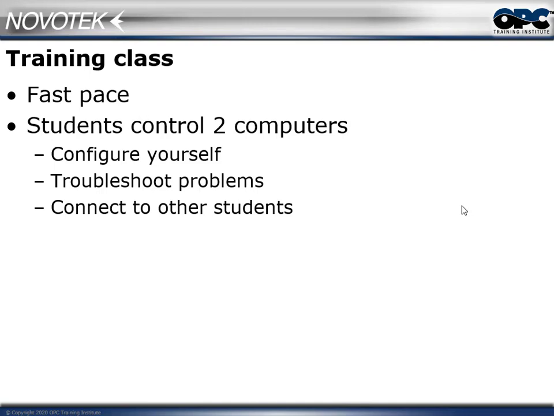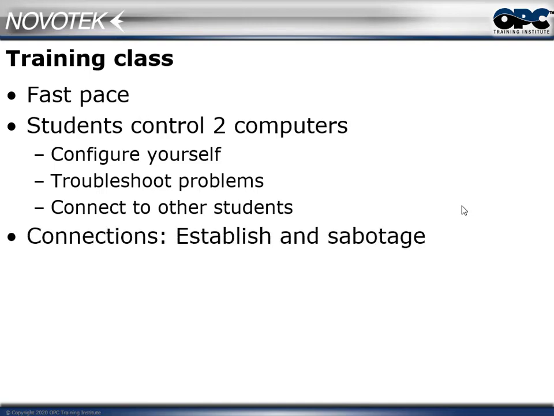These are real computers that you actually control. You configure them yourself, you troubleshoot problems, and of course since you have 2 computers, you've got a client computer, a server computer, so you can connect in between them, but you also connect to other students because there are other students in the class. It makes it quite interesting. The connections, you get them working and then we sabotage them, we break them.